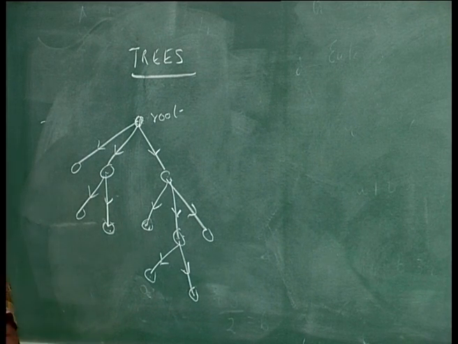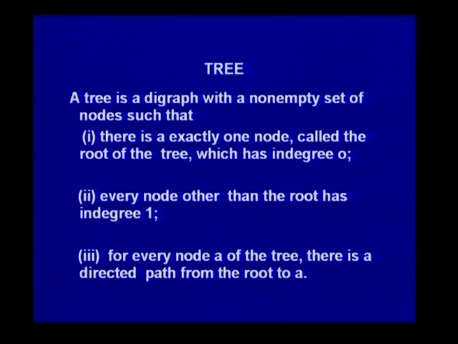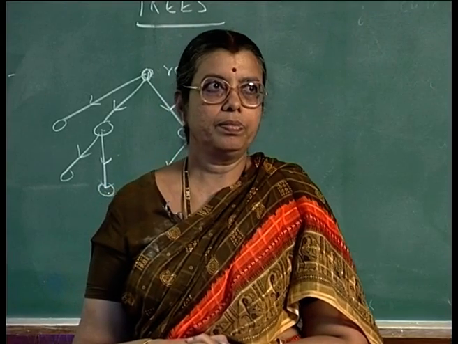But the main fact you have to realize are these 3 points. There is exactly one node which is called the root and the root has in degree 0. Every node other than the root has in degree 1, and for every node A of the tree there is a directed path from the root to A.